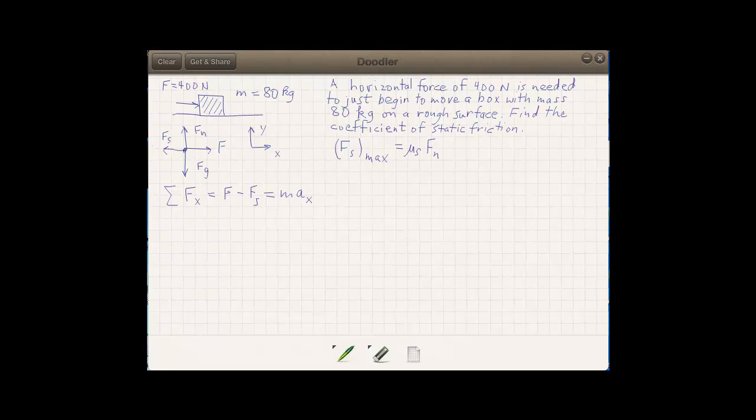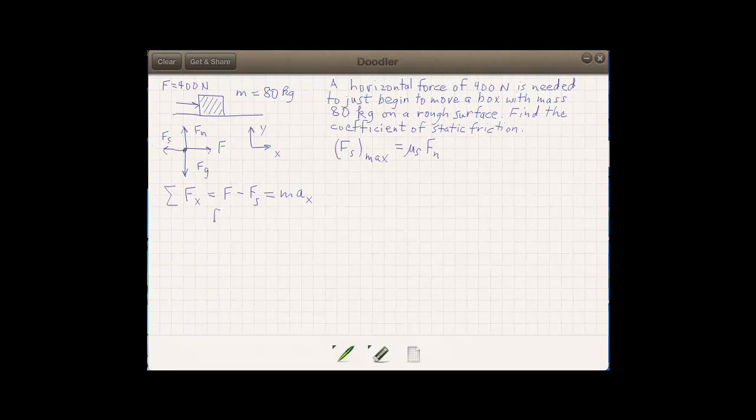Can we do anything more with this? Well, the problem says that we push with just enough force to begin to let it move. Right as it begins to move, the static friction force is at its maximum. But just at that point, the acceleration is just beginning to increase above zero. So we write down this equation right on the verge of the box beginning to slide.